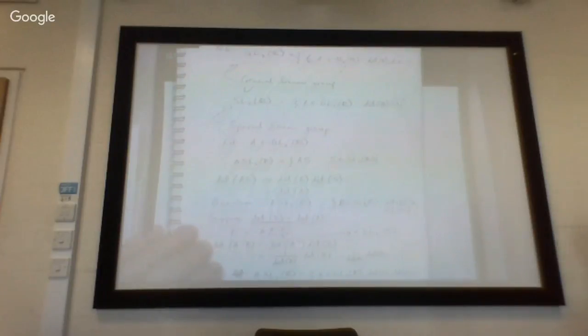So the cosets stratify GL2R into subsets, all of which consist of matrices having the same determinant value. So how many of those cosets are there going to be? A finite number? How many different possible determinants are there for 2 by 2 matrices?